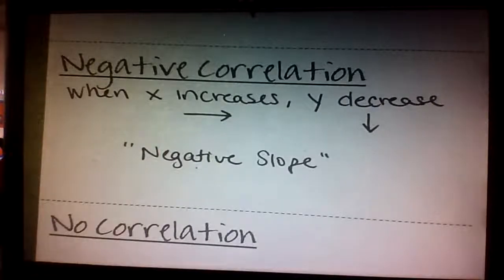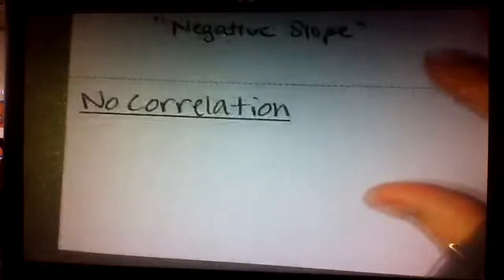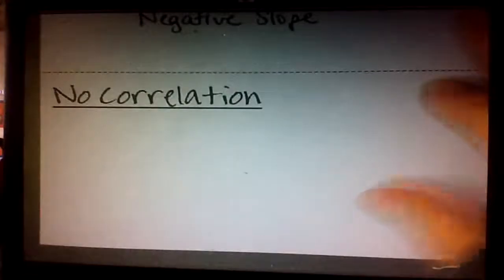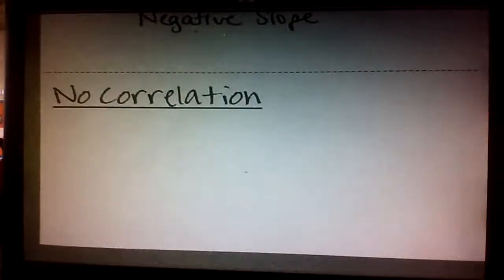Okay, so positive correlations going up to the right, negative correlations going down to the right. What do you think we're going to have if we have no correlation? Down. Or maybe one goes left, the other goes right. Okay, so it's kind of a mixture of everywhere. So there is no positive or negative pattern. It's kind of just sporadic dots all over the graph. Okay, let's see if I can spell today.